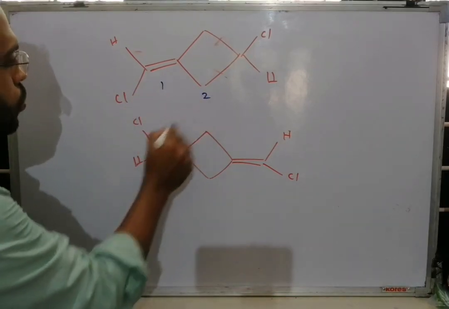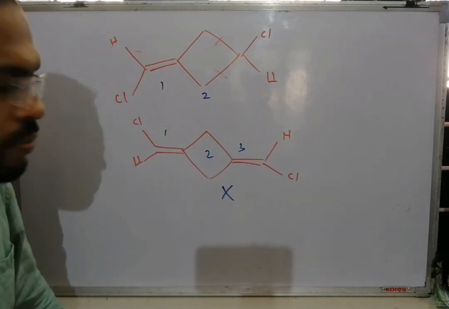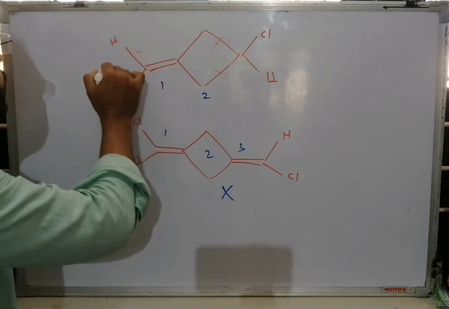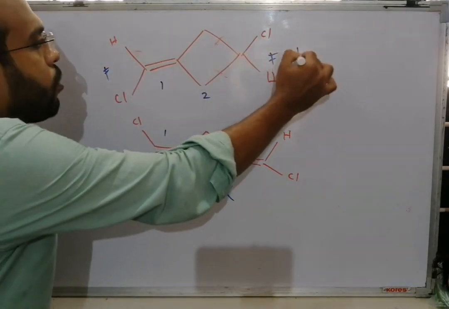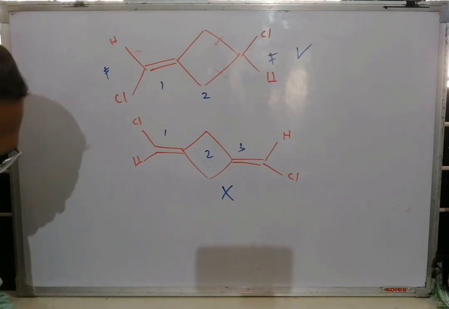Here 1, 2, and here 1, 2, 3. This is optically inactive because of an odd number of rings and double bond together. Here it is even, and the groups are different, so optically active. Okay, very simple.